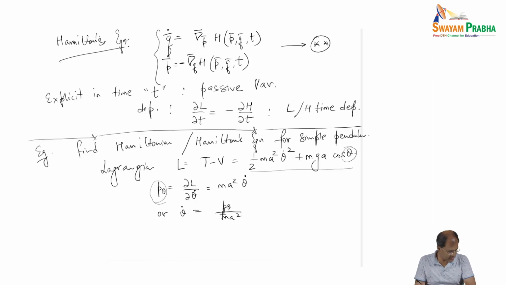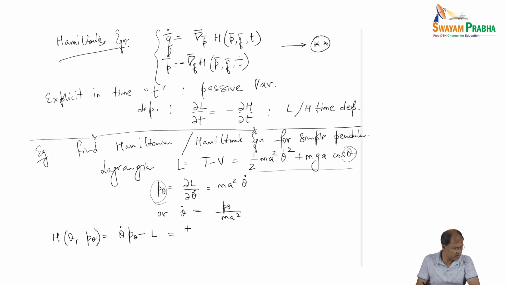So then based on our definition we can introduce our Hamiltonian. There is only one variable in the form of a generalized coordinate that we have to worry about, that is theta. So our Hamiltonian H of theta comma p theta is theta dot p theta minus L, right?